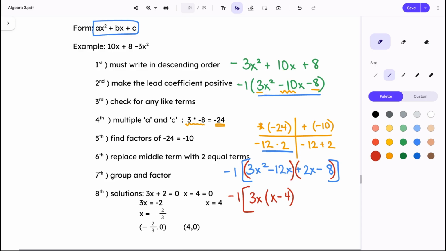Then remember, I want x minus 4 to show up in my second set of parentheses because that lets me know I'm doing this right. So to get an x minus 4 to show up, I need to take out a 2. And then to finish this off, I have this -1, and then I have 3x plus 2. Those are your terms sitting on the outside of the parentheses, and then x minus 4.